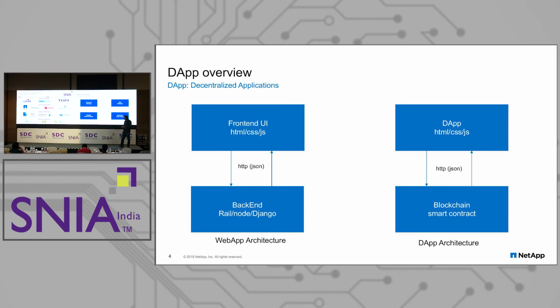In a traditional web application, you will have majorly two components, the front-end client and the back-end server. The front-end interfaces are usually written in HTML, CSS, or JavaScript, and the back-end server is typically written with popular frameworks like Rails, Node, and Django.